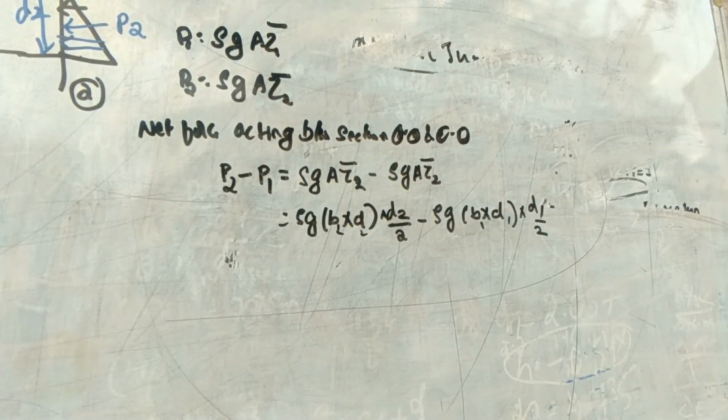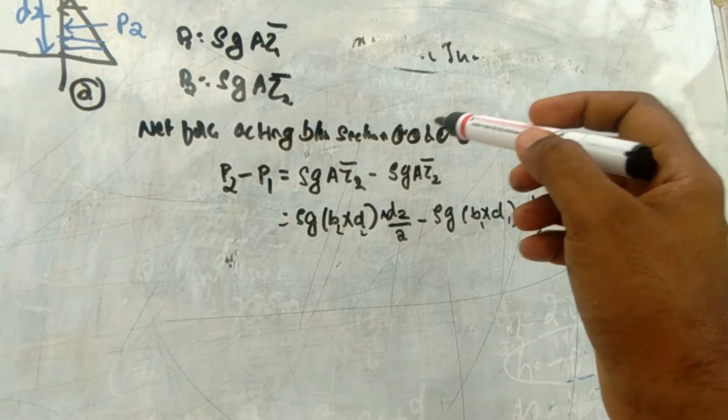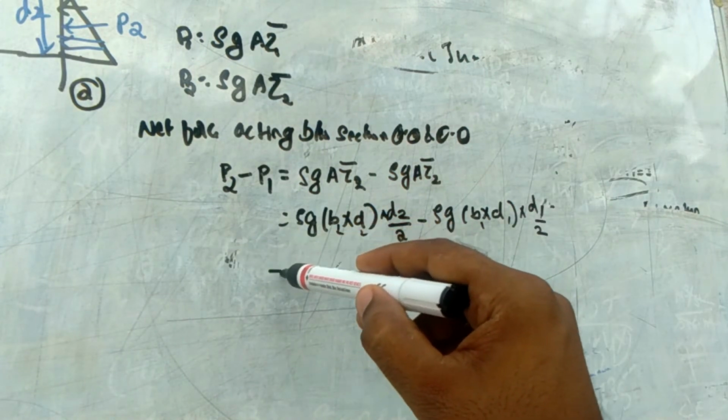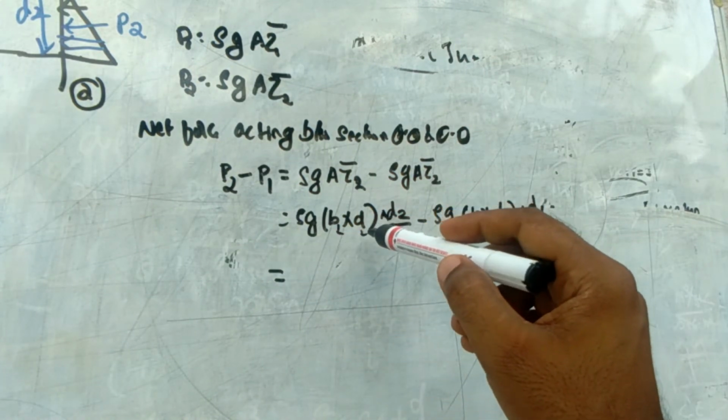So what will happen here? Net force means P2 minus P1. P2 minus P1 here, so what happens?